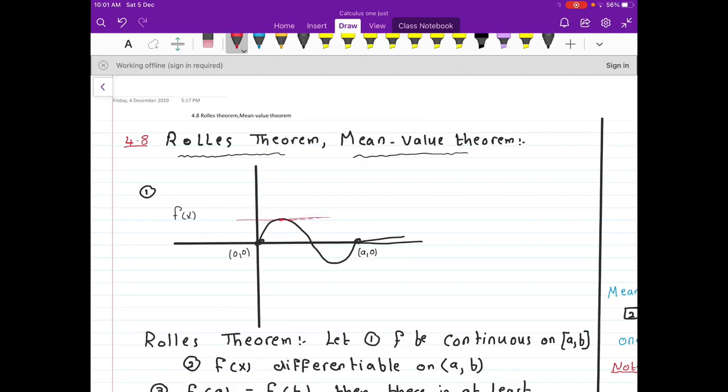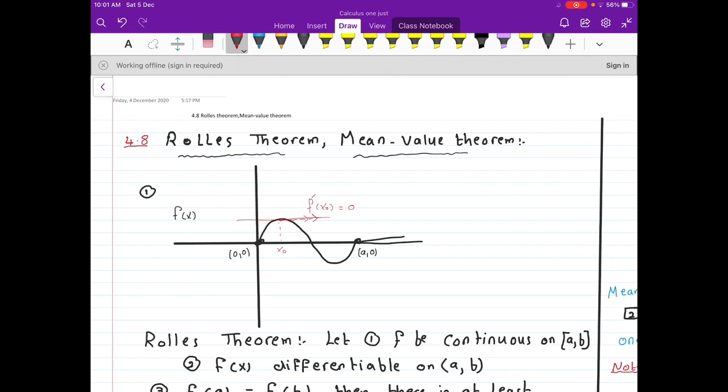Tangent line at this point. لاحظ the tangent is parallel to the x-axis. معناته the slope of the tangent at x naught, f prime of x naught equals 0 لأنه parallel للx axis.